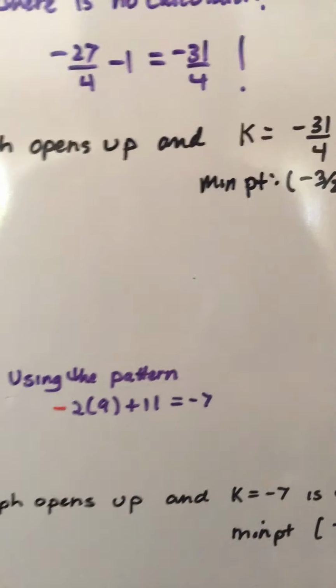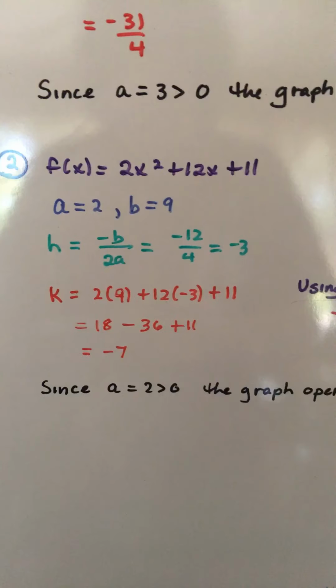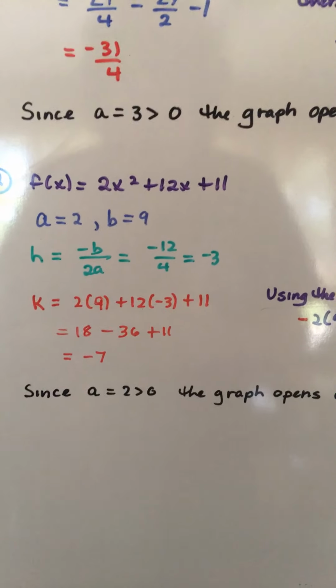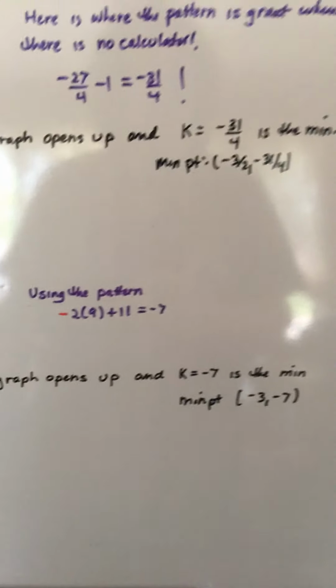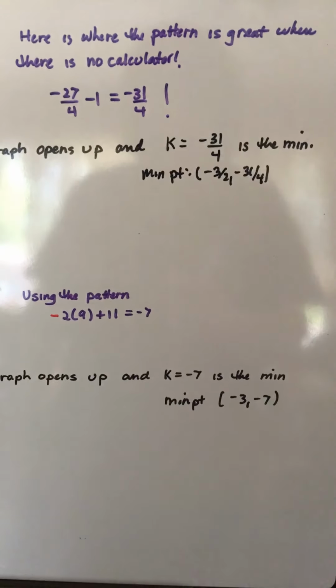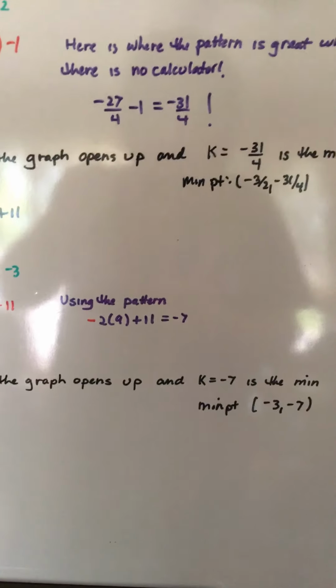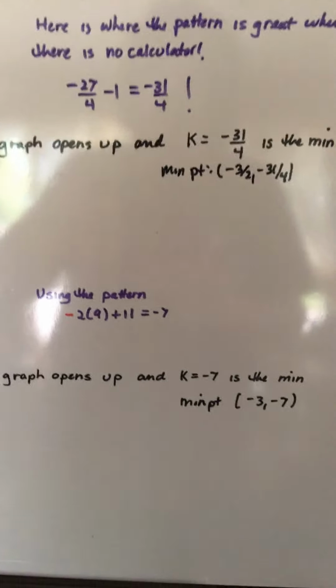It's really kind of nice. Is this a max or min? Since a is greater than 0, the graph opens up, and so we have a min of negative 7, and the min point is negative 3, negative 7. Now, we have a couple more boards to go over, and then we will be done.